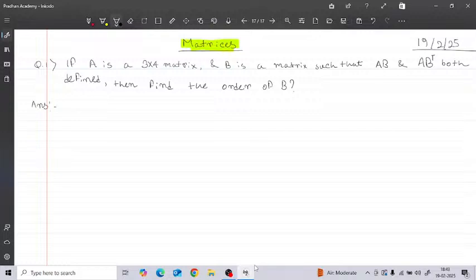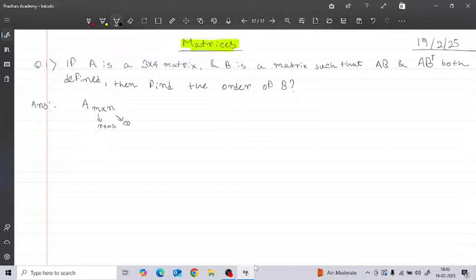Okay, so before solving this question, let's revise the concept of multiplication of a matrix. If a matrix A is of order m cross n, what does it mean? It has m rows and n columns.